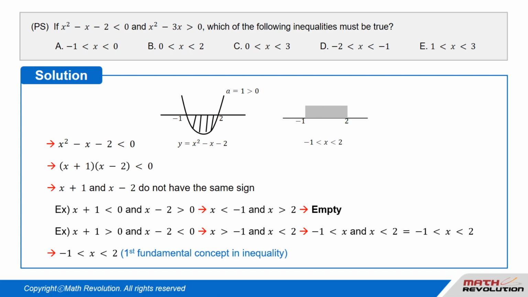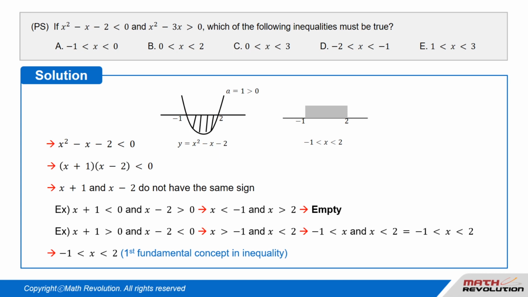Which means x is smaller than negative 1 and x is greater than 2, or x is greater than negative 1 and x is smaller than 2. X is smaller than negative 1 and x is greater than 2 is empty because there is no number less than negative 1 that is greater than 2.